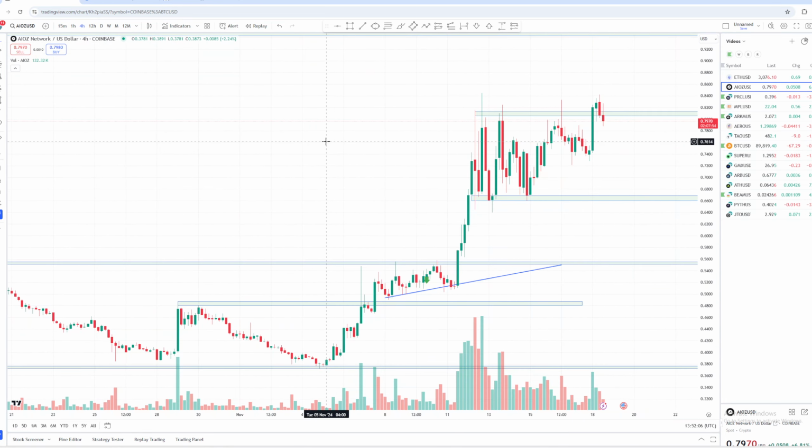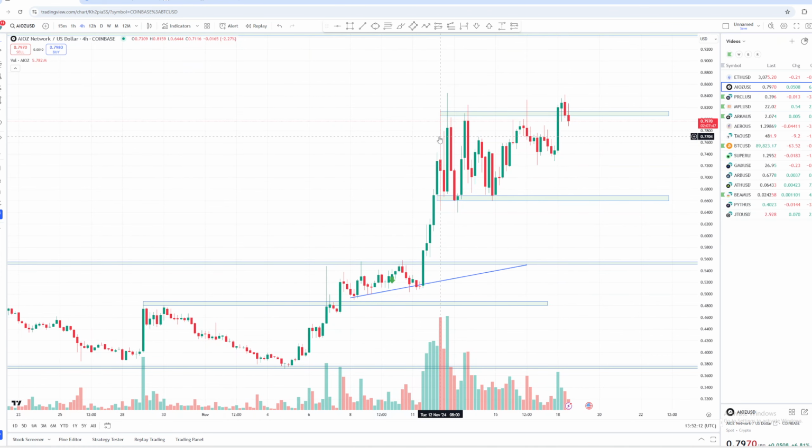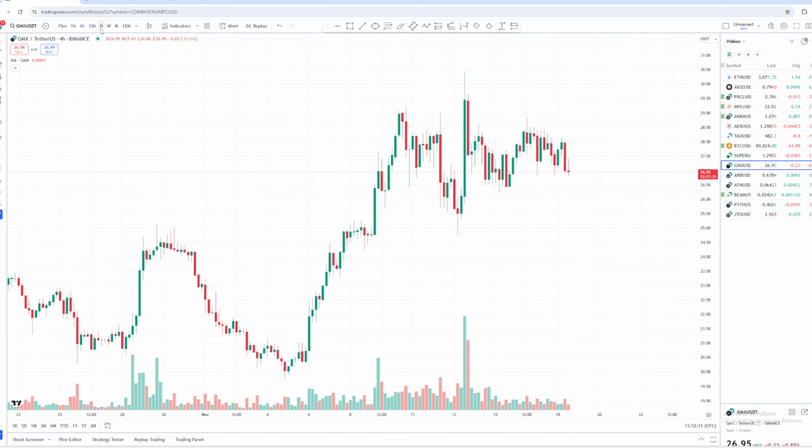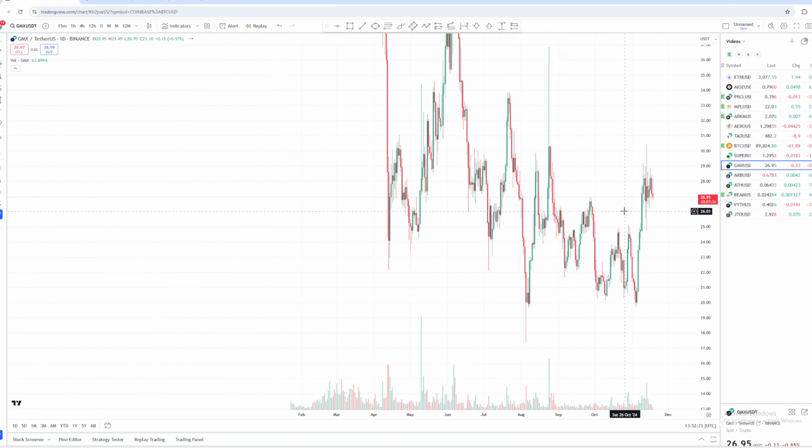And I also want to show you quite a few bad examples. And when the environment and the narrative is not the best, what you should do and what a failed breakout looks like. And one of the examples I want to show you is GMX.